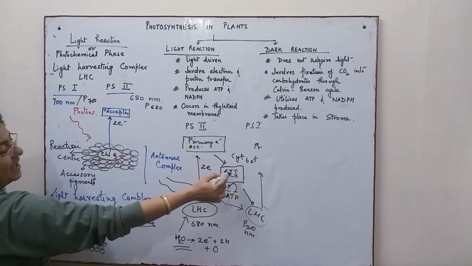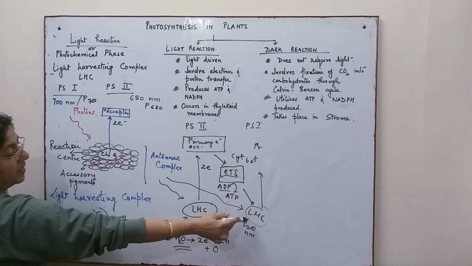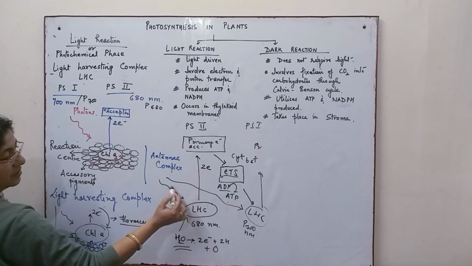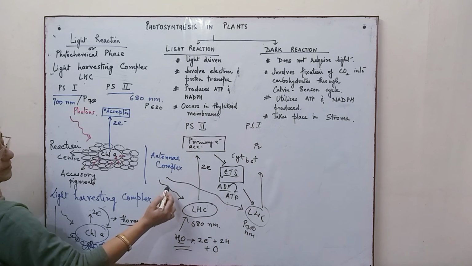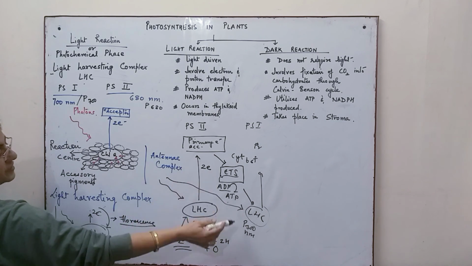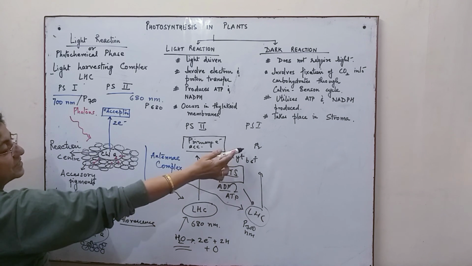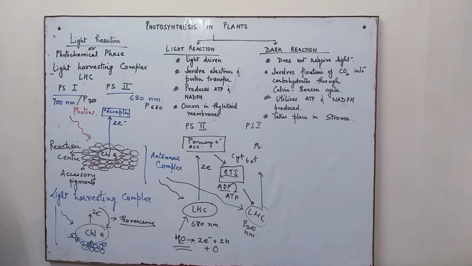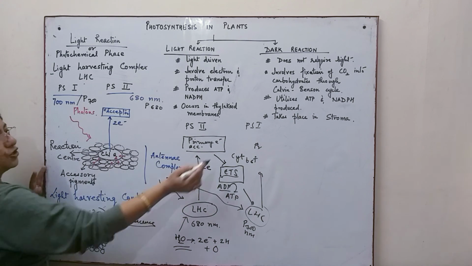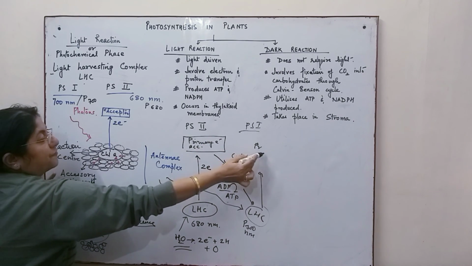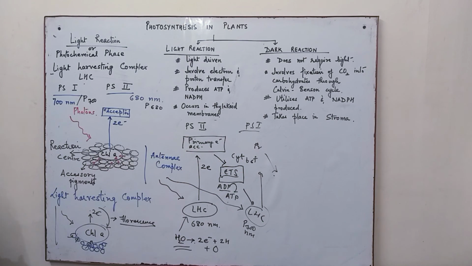When the light harvesting complex absorbs light of 700 nanometers, it gets excited and passes electrons to the primary acceptor of PS1, from where NADP is reduced to NADPH, and this is why it is known as the Z scheme.